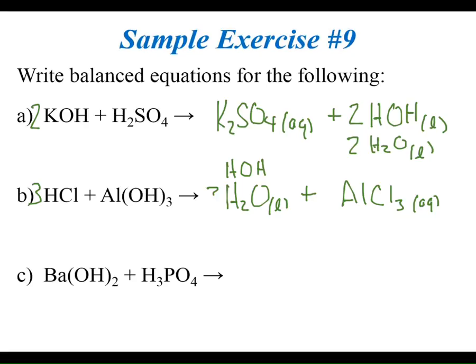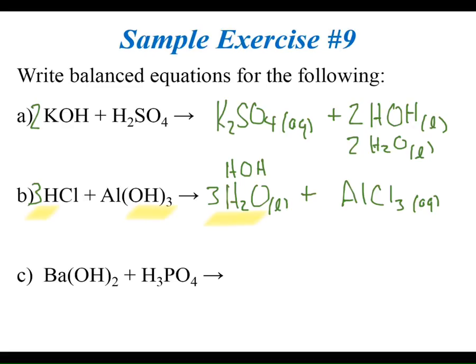And 3 H2Os, absolutely, yes. Because notice I've gotten 3 hydrogens and 3 hydroxides. That makes 3 waters, hydrogens and hydroxides. Again, if you think of the water like hydrogen with hydroxide, it makes it easier to balance.